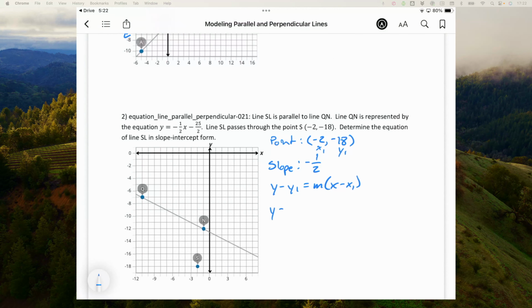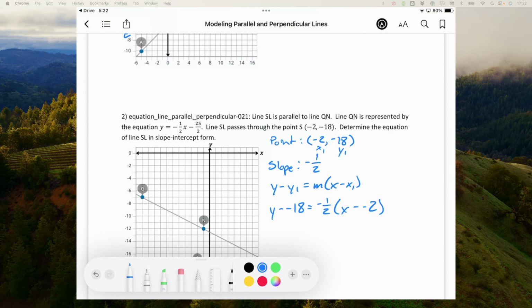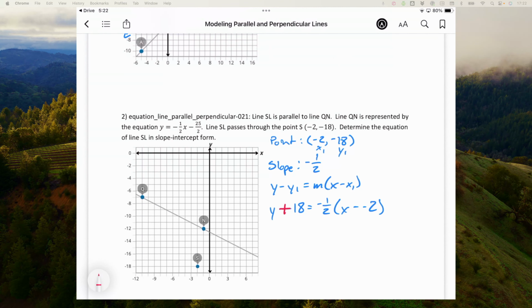So we've got y minus y1, in this case negative 18, is equal to negative 1/2 times x minus x1, which is negative 2. We've got to clean up our signs here. We get y plus 18 is equal to negative 1/2 x. Negative 1/2 times 2 is going to be negative 2 over 2, which is the same as negative 1.